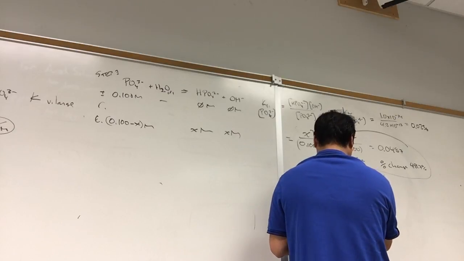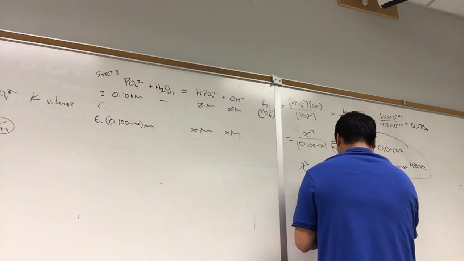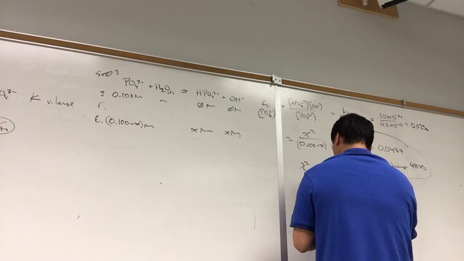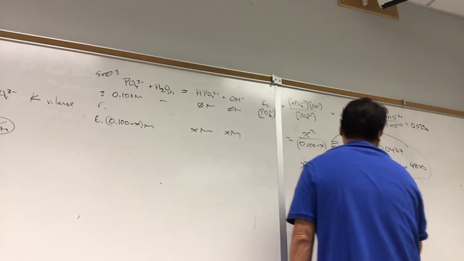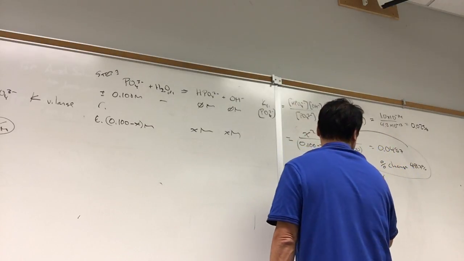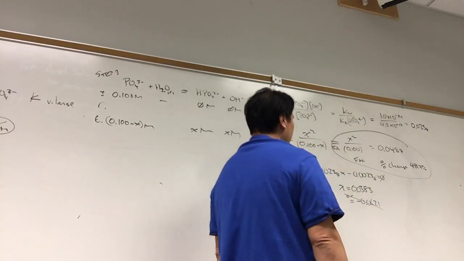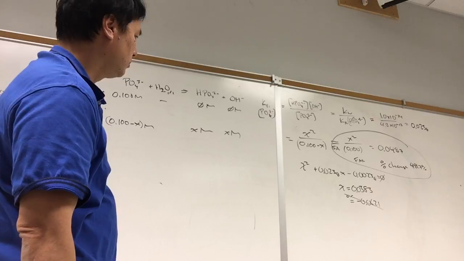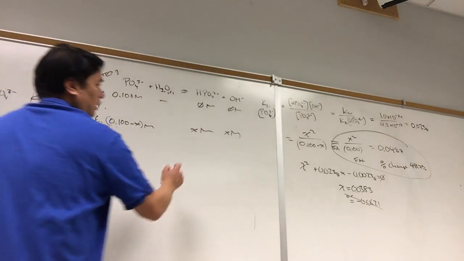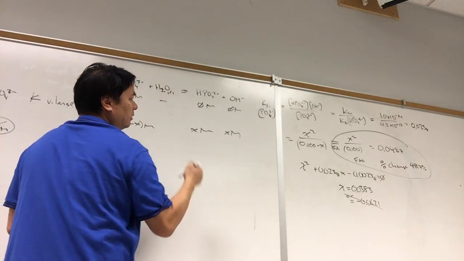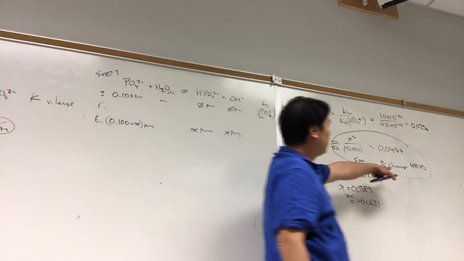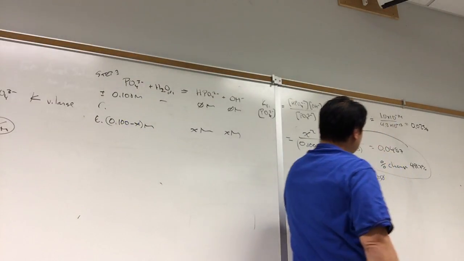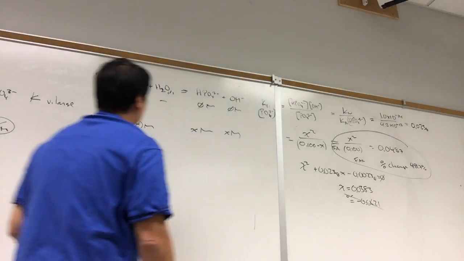My X2 is negative 0.0621. We can't have a negative concentration, so X2 is rejected. We're going to just go with that. We're only allowed 2 sig figs, so we'll carry 1 extra. And so we figured it was a 48.7% hydrolysis. It's only a 38.3% hydrolysis.